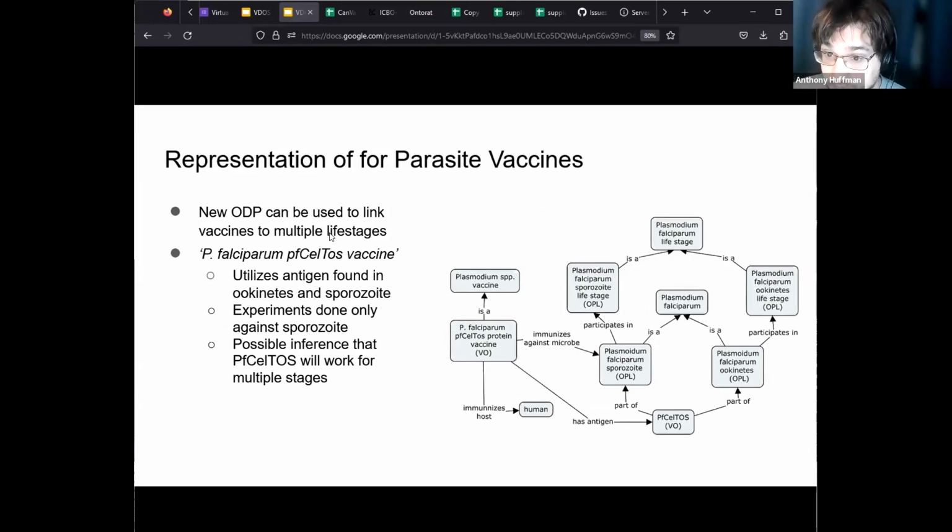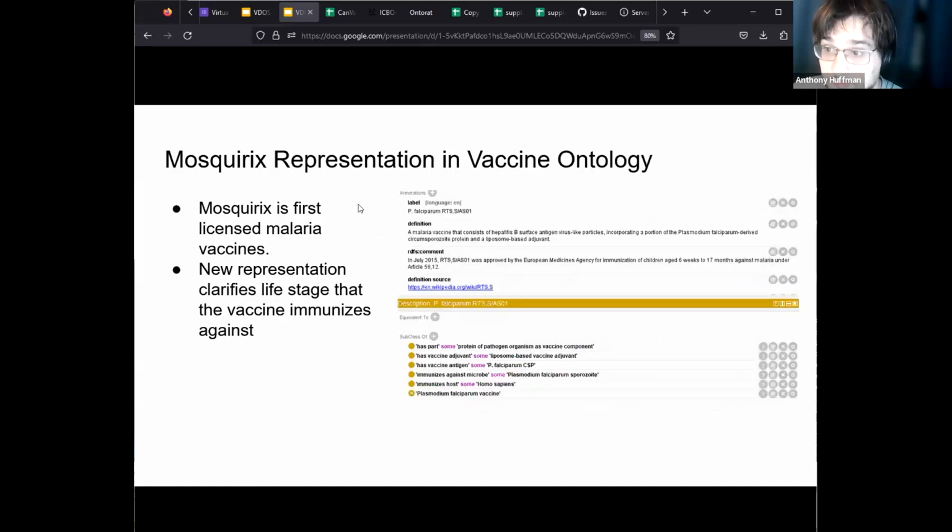So from this situation, we can say that we have experimental evidence that the CelTOS protein vaccine works against the sporozoite, and we also know that it utilizes the CelTOS antigen. However, by also listing the antigen in an additional parasite life stage, we can provide an additional potential coverage or location where it can intersect and have some sort of efficacy.